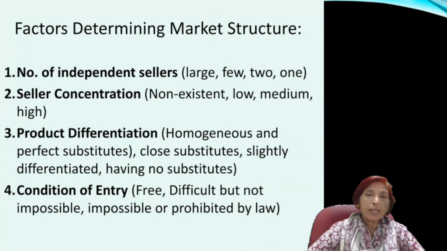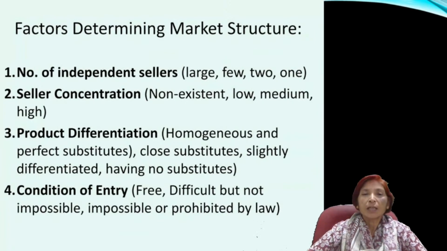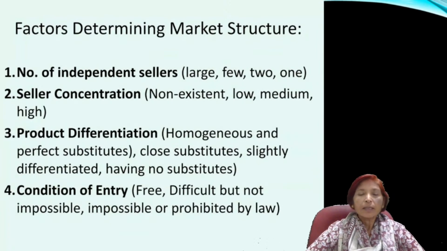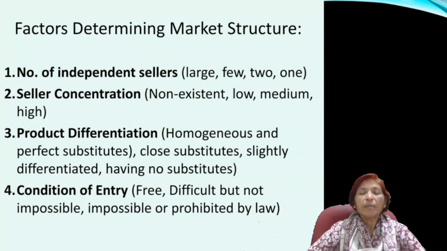The whole supply of the product depends upon the desire of the seller. If the seller is interested in selling more, then the seller can produce more. If the seller is not interested, then the seller will produce less. In monopolistic competition, seller concentration remains medium, and in oligopoly, seller concentration remains very high.